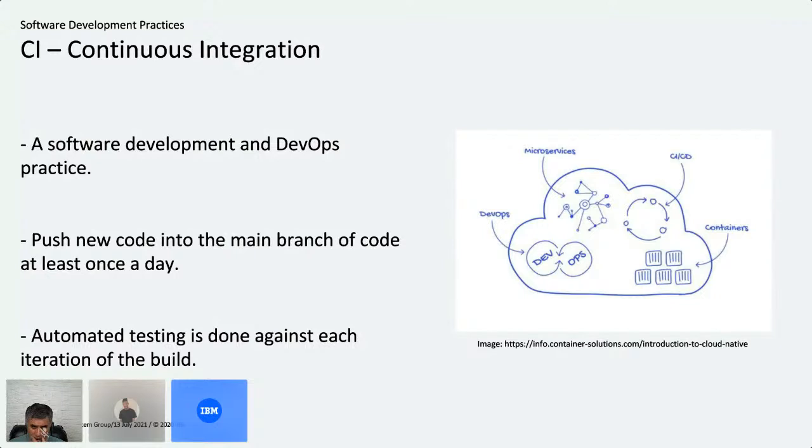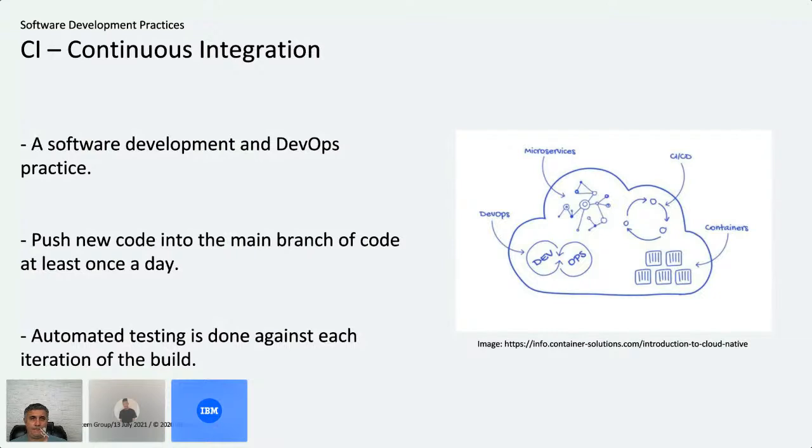As you can see on the diagram on the right, we have DevOps, microservices, CI/CD and containers. All of these form the basis of cloud native development, and this is what continuous integration allows us to do. As a basic rule, every change that we make in our repository triggers a new pipeline build.